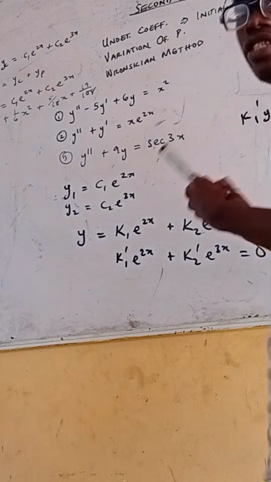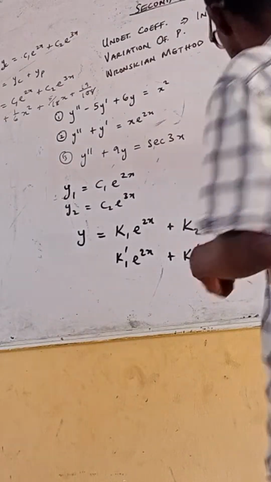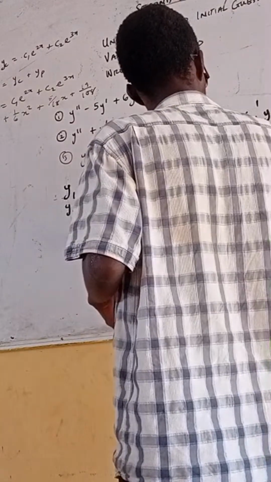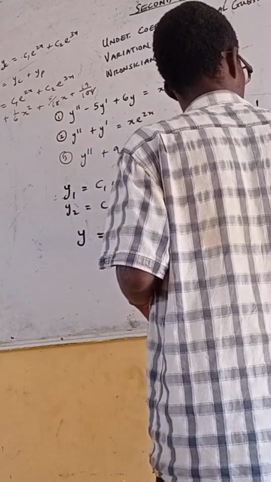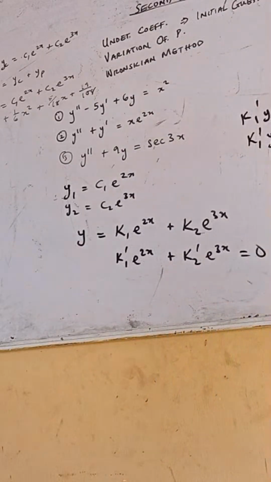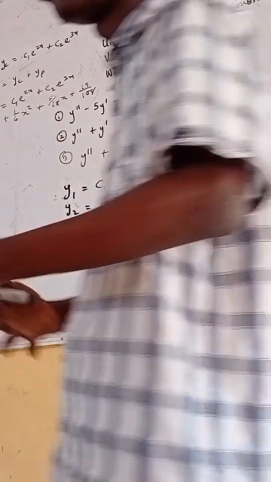Then this next one is for second order: K1 prime y1 prime plus K2 prime y2 prime must be equal to your R of x. You don't need this, this is what we are going to solve later on in our simultaneous equation to get our y.